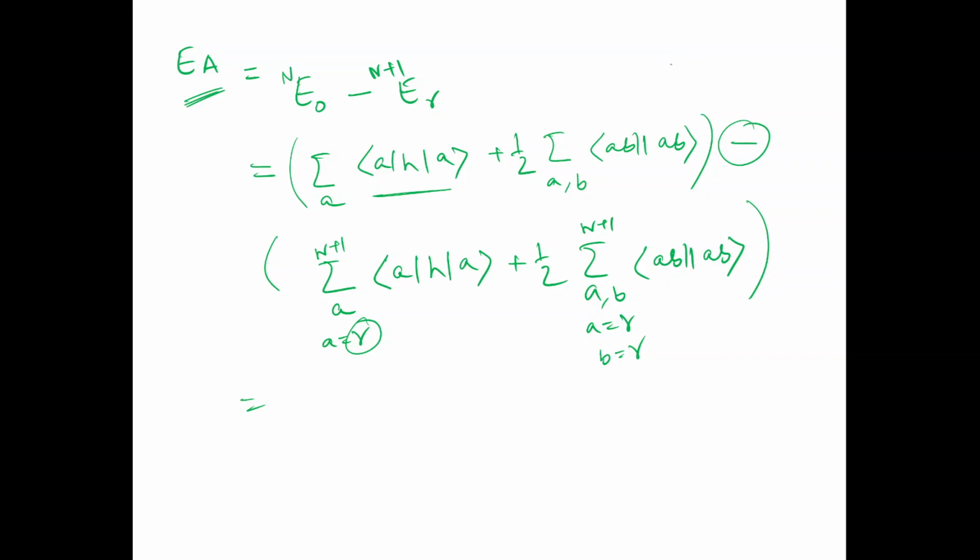So electron affinity is basically, if you have an n state and an n plus 1 state, the energy difference, this is your EA, right? So you will be again left with the same R, because when A is equal to R, only that term will survive and the other terms will cancel each other out because your orbitals are the same. That is the approximation you made.